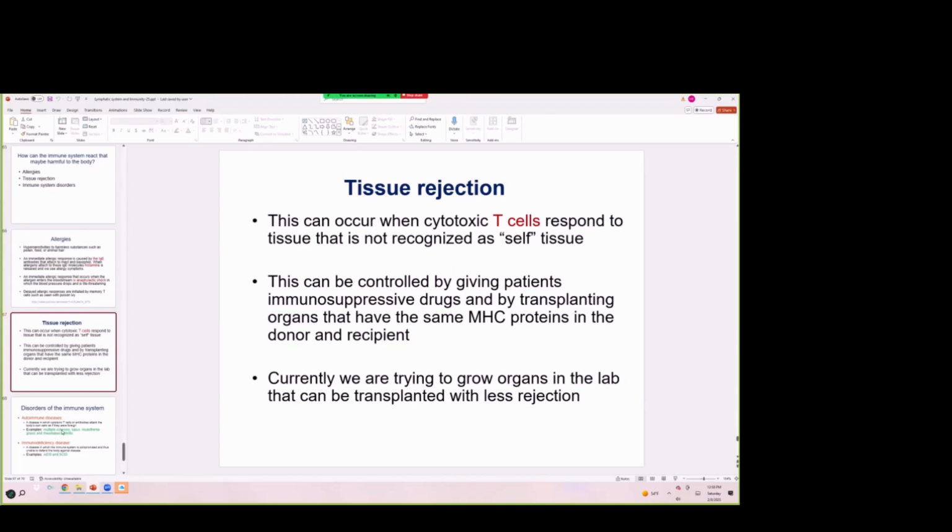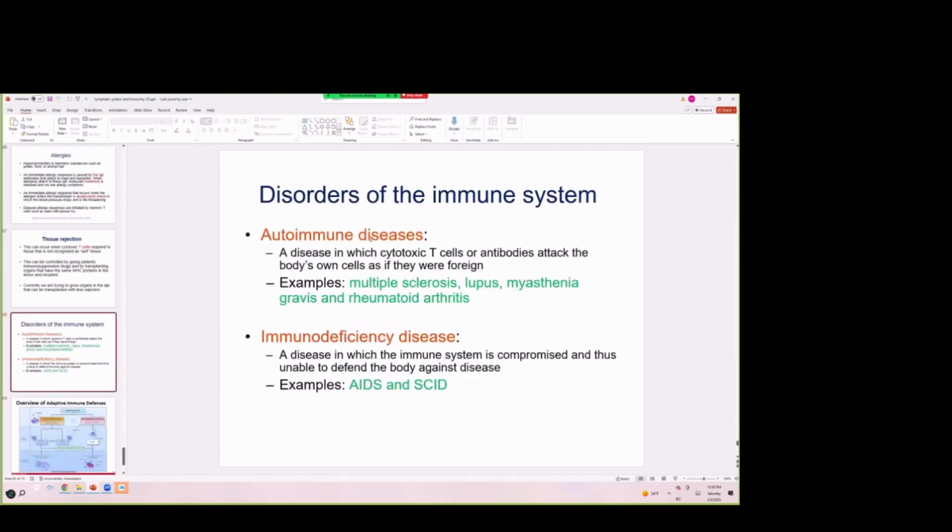And then we have some autoimmune disorders like multiple sclerosis, lupus, myasthenia, Graves' disease, and arthritis. All of these are situations where our T cells are attacking our own body cells.